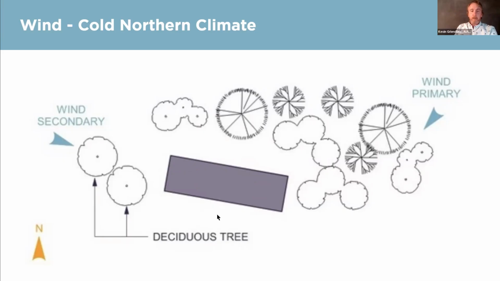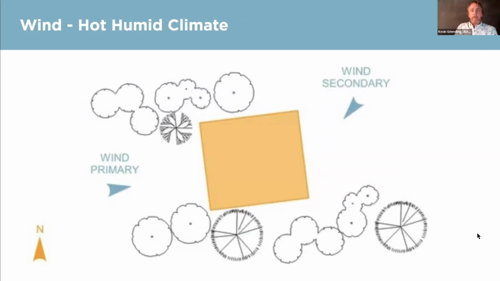Secondarily, now that we're considering wind, we're also considering sun. If our wind is coming all from the northern direction, then we have freedom to completely open up our site to the south and allow as much sun in as we wish, which is valuable in a winter climate.